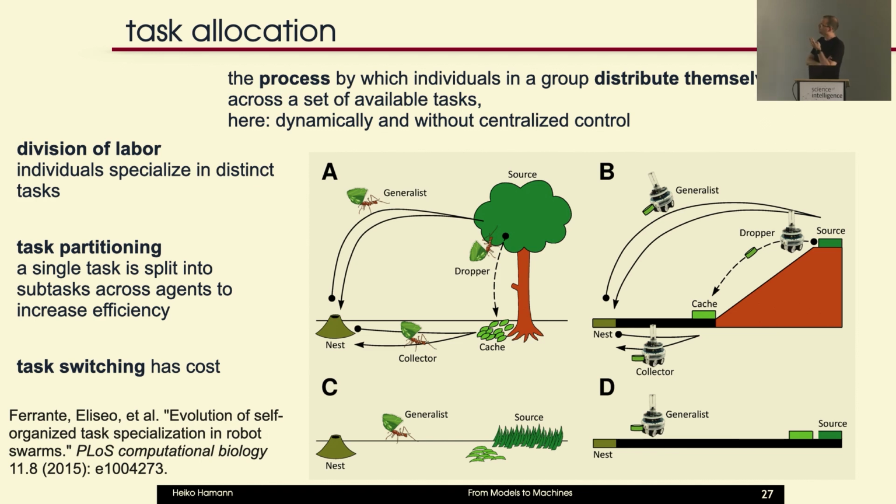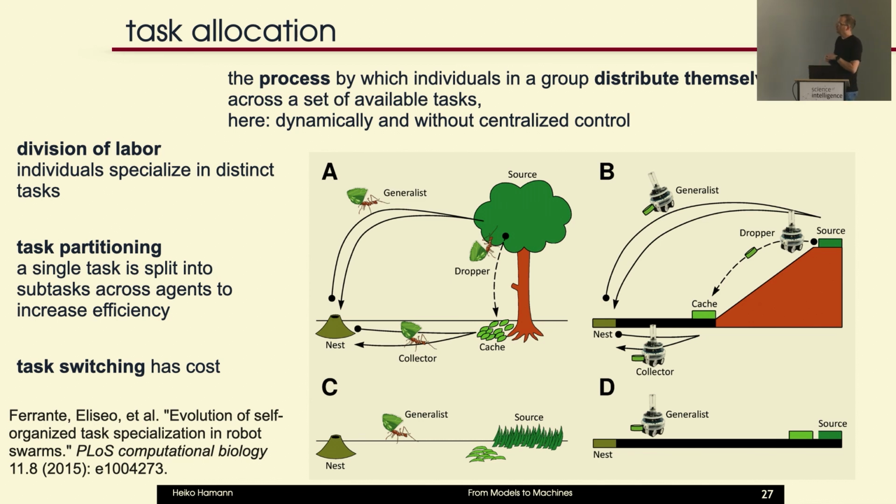So this refers to a process where individuals, so either animals or robots, are supposed to distribute work or jobs among themselves. And we usually do that in a dynamic way, so it's not like offline pre-coded.